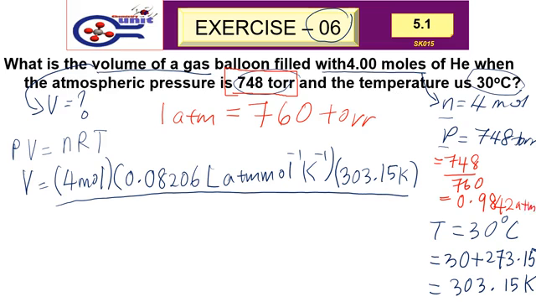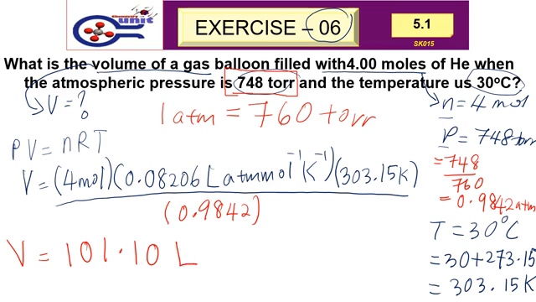So, substitute to the formula iaitu divide by 0.9842 atm. So, press your calculator. What is the final answer? Darab dengan 303.15. Okay, so dapat jawapan akhir awak berapa? Volume is equals to 101.10 liter. Unit apa? Liter.